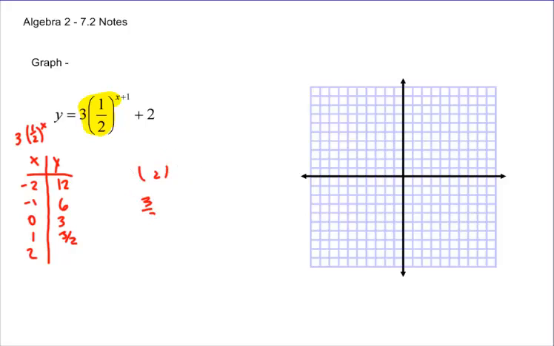And then we're going to look at 3 times 1/2 squared, which is 3 times 1/4, which is 3/4. So this is what we're going to graph for our parent function.